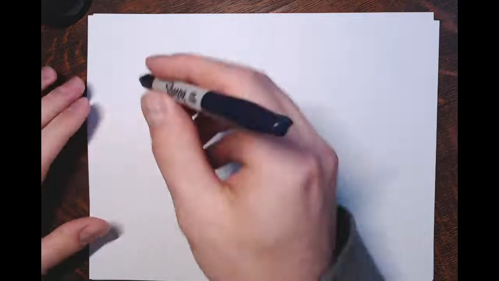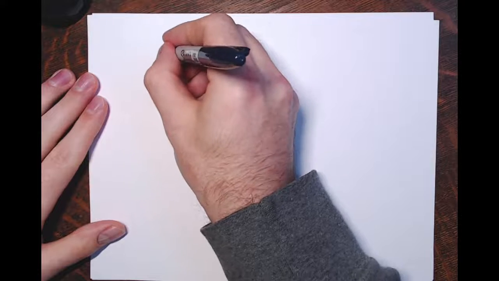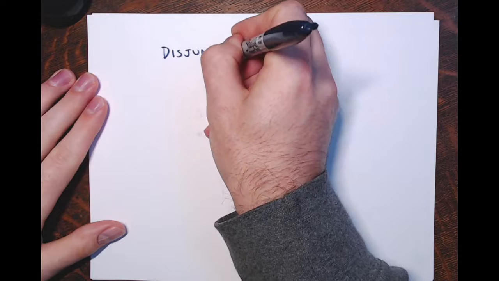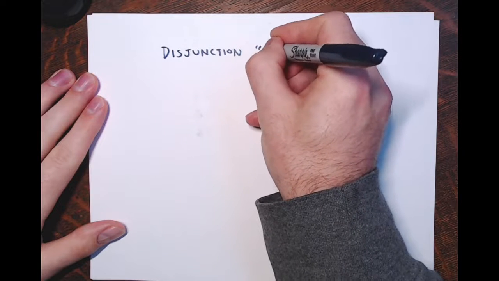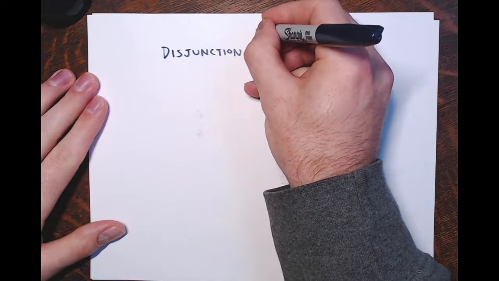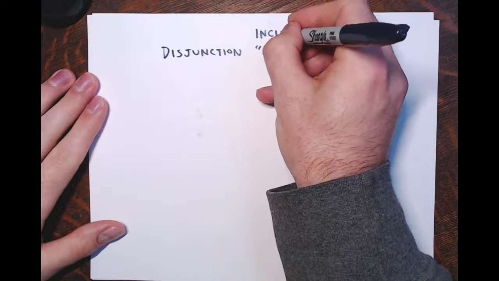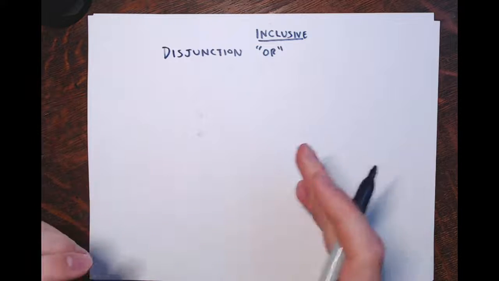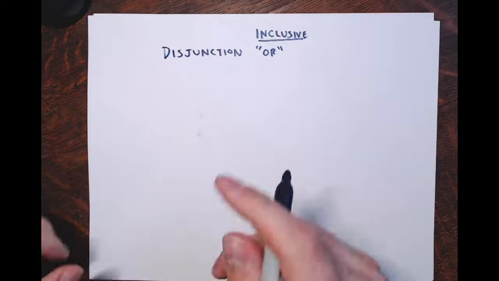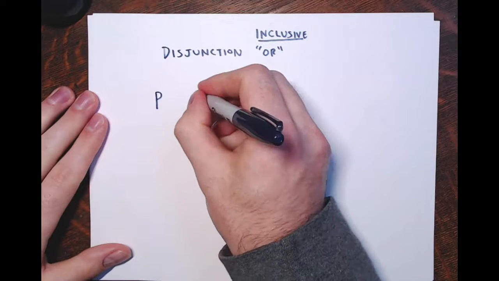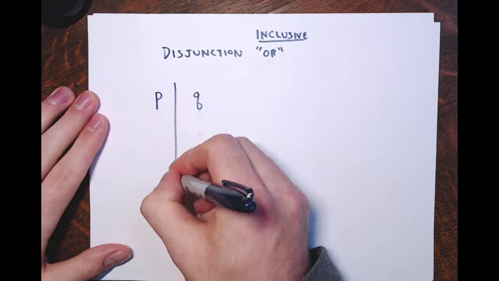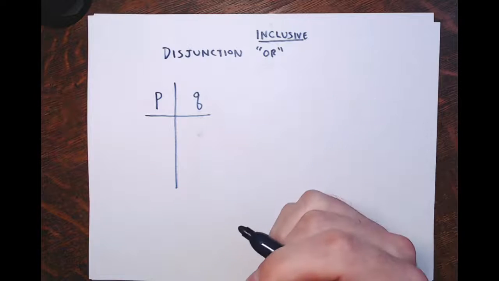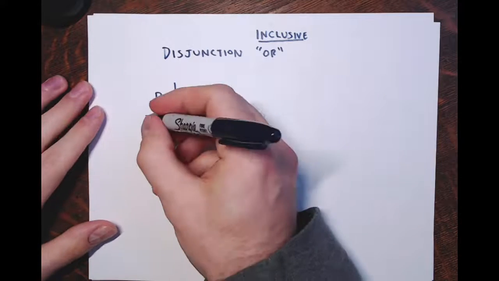So this is for a disjunction, the or, and this is the inclusive or, meaning either one or the other or both can be true. I have two propositions, and since there are only two, 2 times 2 is 4, so there'll be 4 rows.